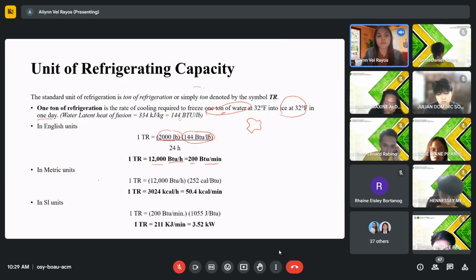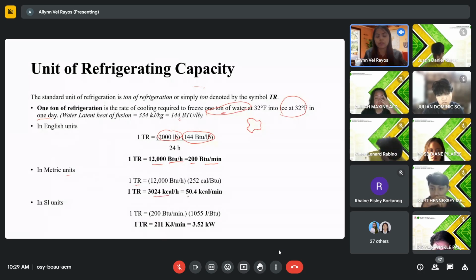So for metric unit naman, 1 ton of refrigeration is equivalent to 3,024 kcal per hour or equivalent to 50.4 kcal per minute. So, ginamit lang yung conversion natin dun sa mga previous slide. And then, para naman dito, SI unit naman, gagamitin natin is kilojoule per minute.